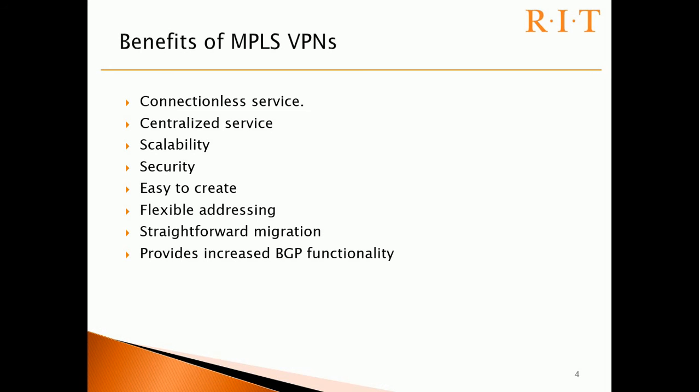The second is that it has a centralized service, that is, it is apt for headquarters to connect with the different branches associated with it, and it has huge scalability, that is, it can be used for large enterprises. And for security, as we know, virtual private networks have good security, and several security aspects are followed to ensure security in a network. So MPLS helps to provide security, it is easy to create, and it has flexible addressing.